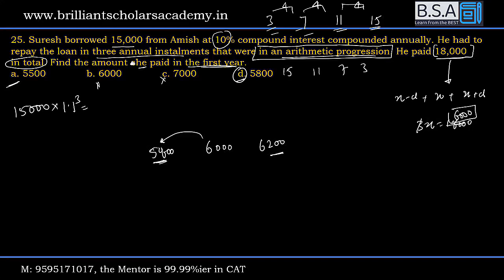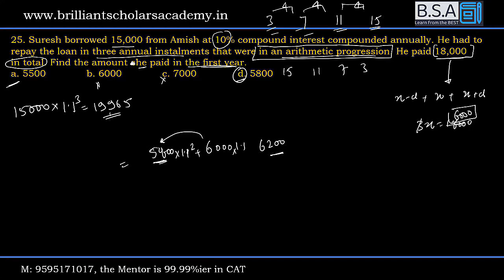I'm trying to get the closest value or the exact value to be paid. 15,000 raised by 10% thrice. So this has become 19,965 rupees. Here, the first payment increases for 2 years, second payment increases for 1 year, and third payment does not increase, compounding.